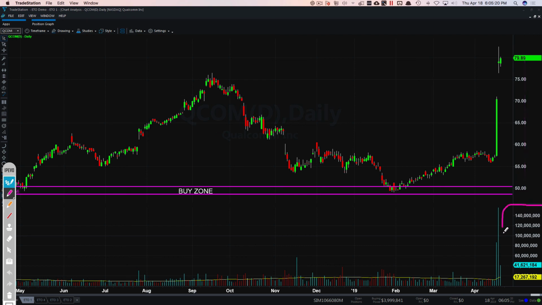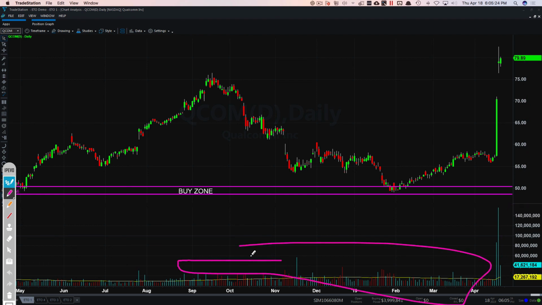Now, down here, we have volume, because this whole section, everything down here, is the volume histogram. And in this particular case, I have an average on the volume as well, which is the yellow line here. So the yellow line is a constant running average of the last 50 days' worth of volume, since I'm looking at a daily chart.